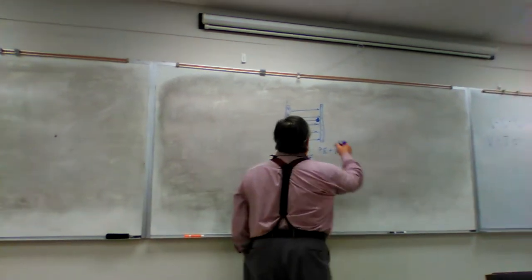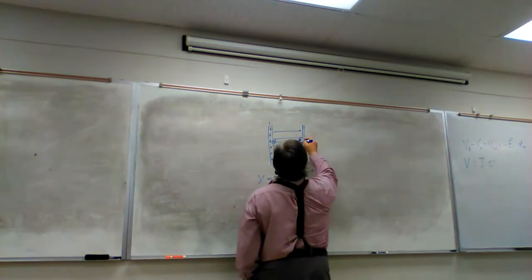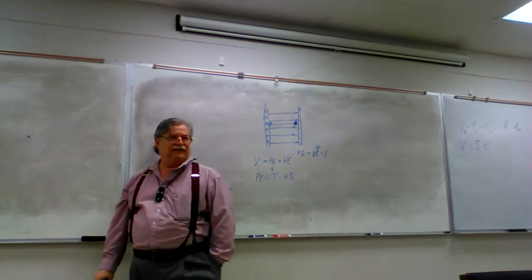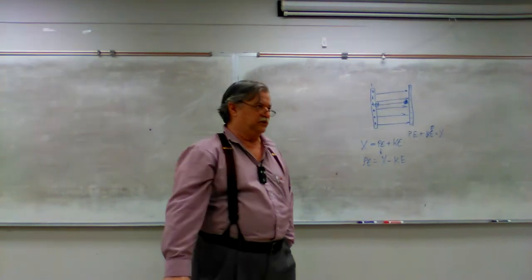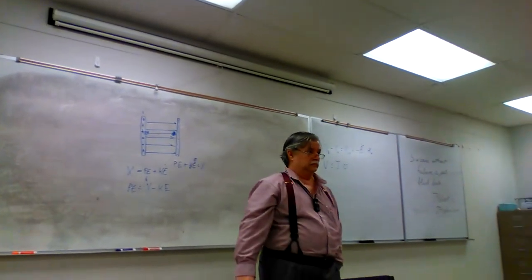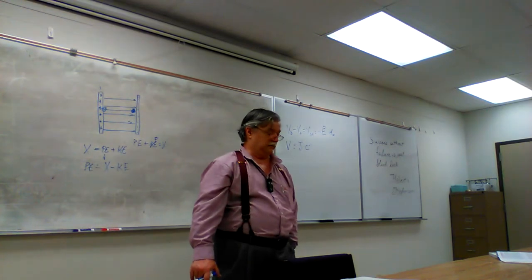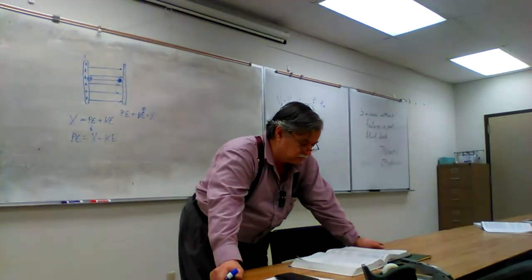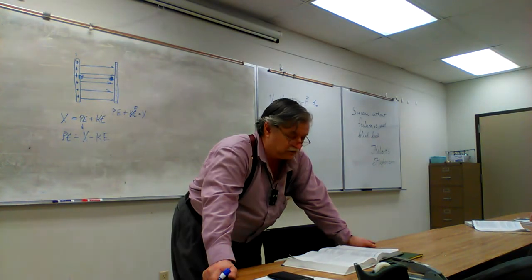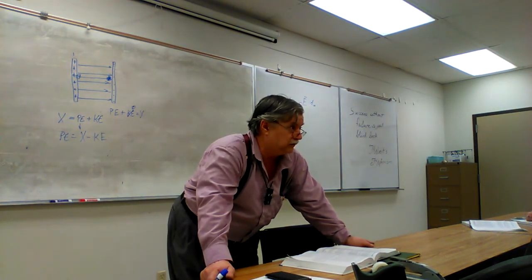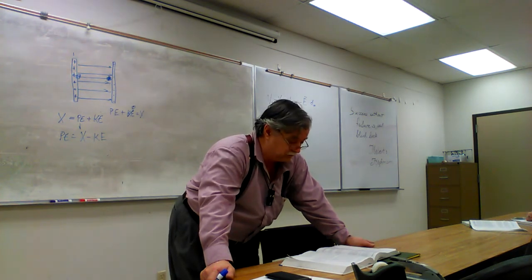So, in order for an electron to go from this negative plate to this positive plate, its potential energy had to decrease. Okay? As the kinetic energy increases, potential energy has to decrease. That's always true.